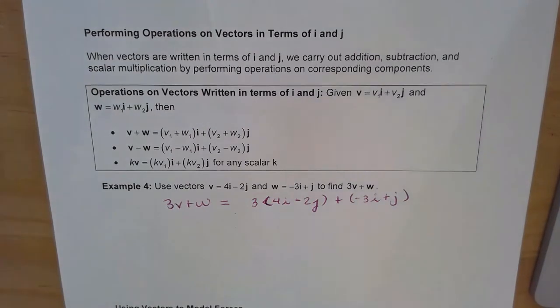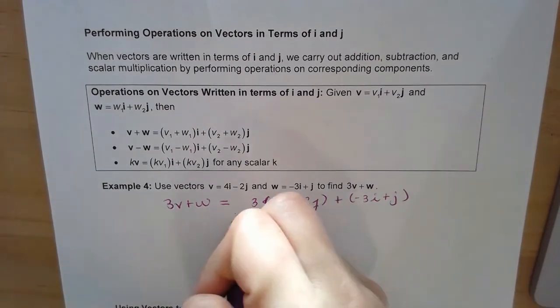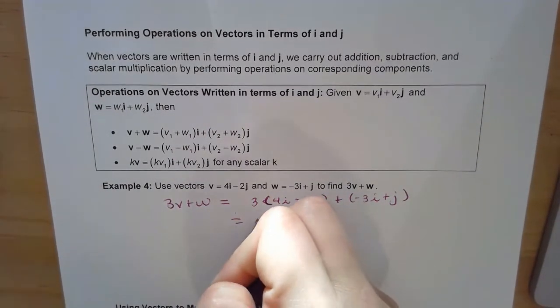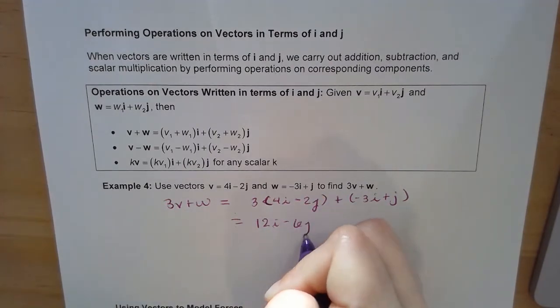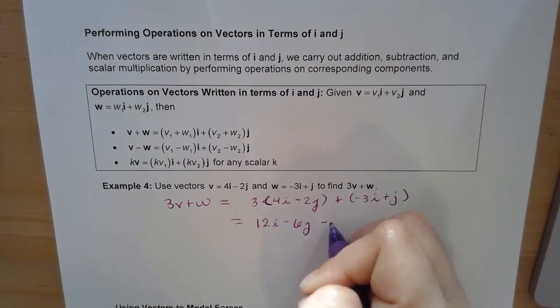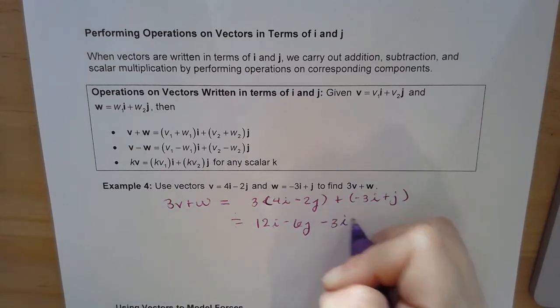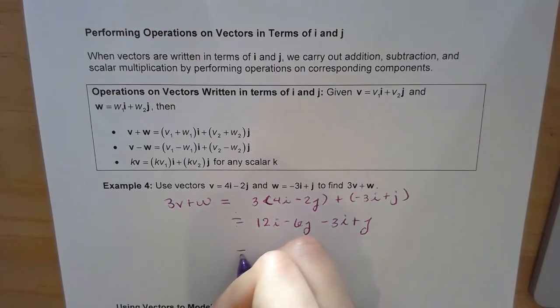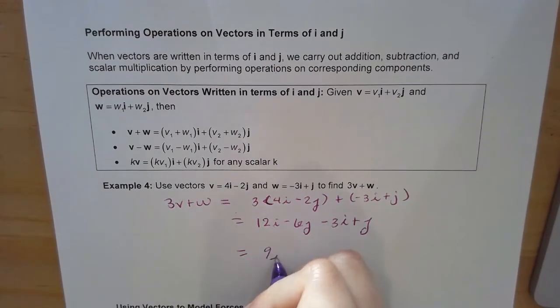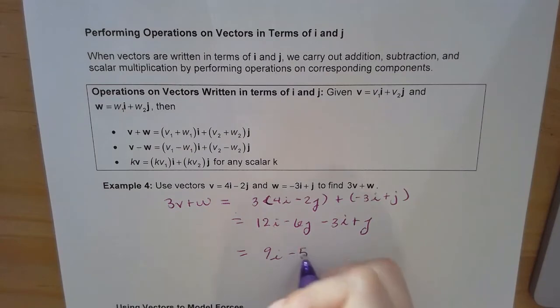Guys, we can think of this like normal algebra. We distribute that 3, so we get 12i minus 6j, minus 3i plus j. So we end up with 9i minus 5j, and we're done. That is 3v plus w in terms of i and j.